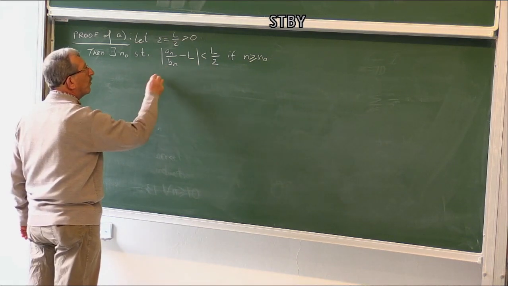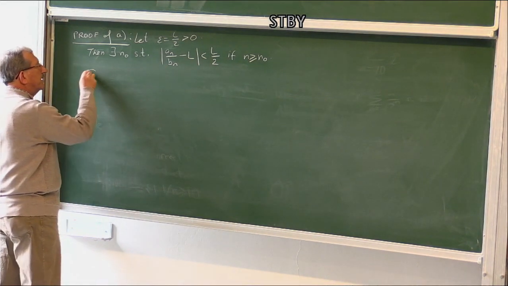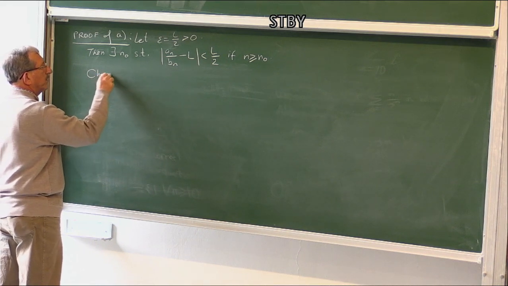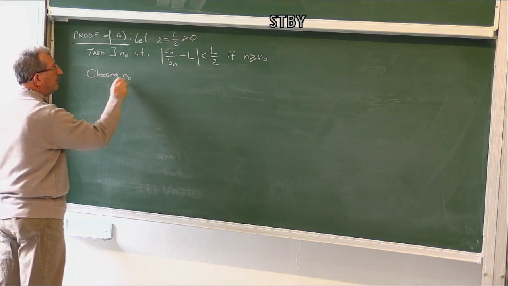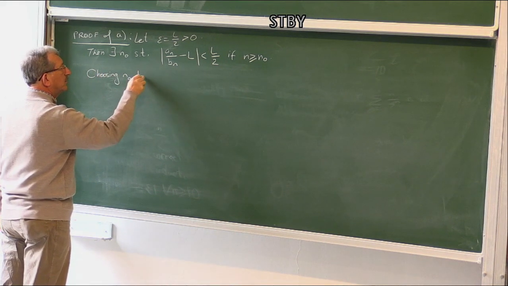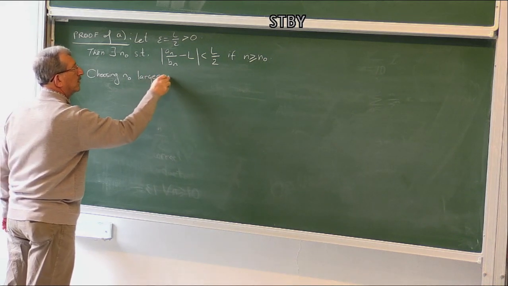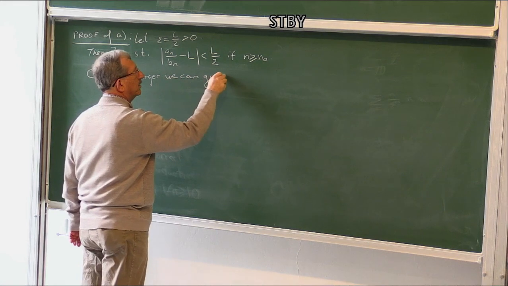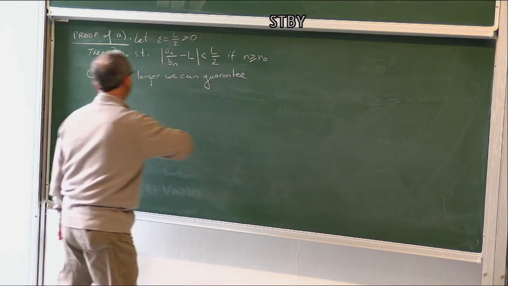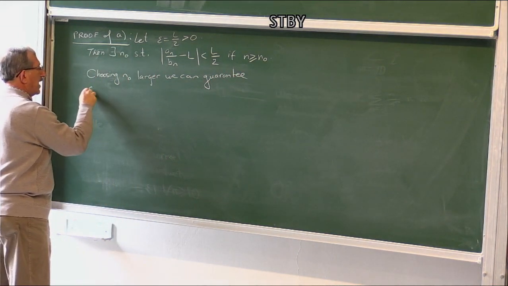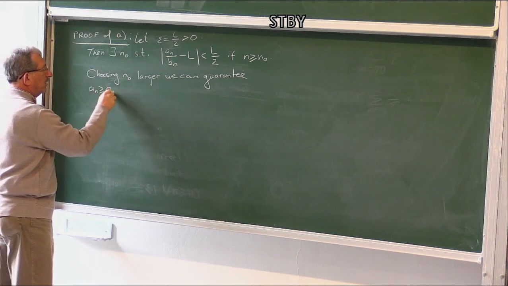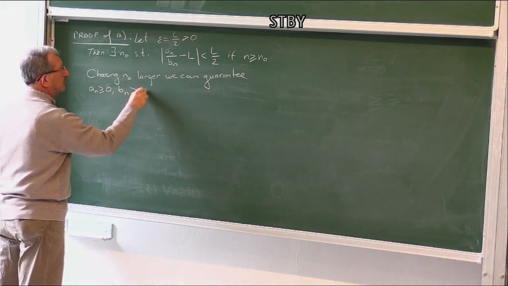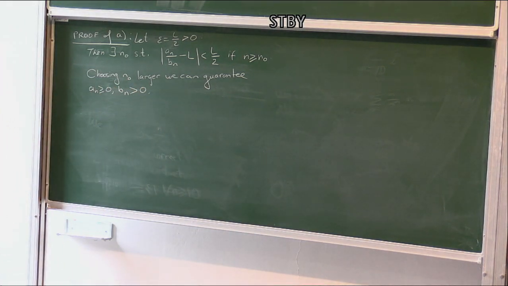This is true, of course, so choosing N0 larger, we can guarantee that An is positive and Bn is strictly positive.